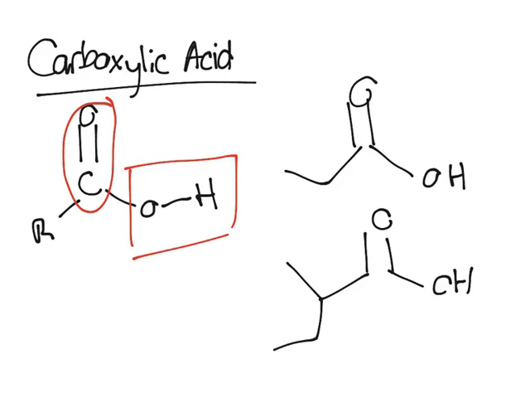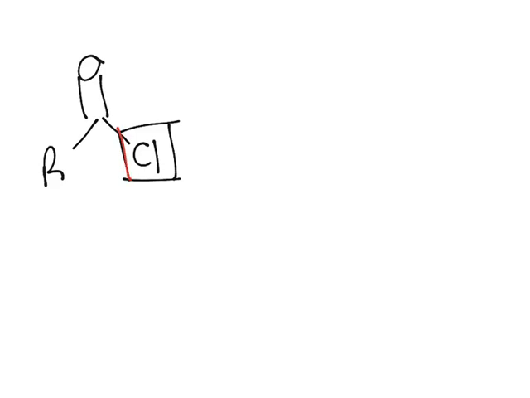There are a couple of carboxylic acid derivatives. They're pretty similar. They all have carbonyls, and I'll just draw them out really quick for you. If it has a chlorine in that location, it's an acid chloride.